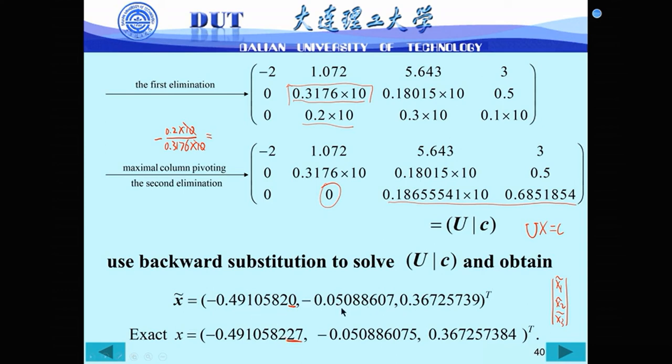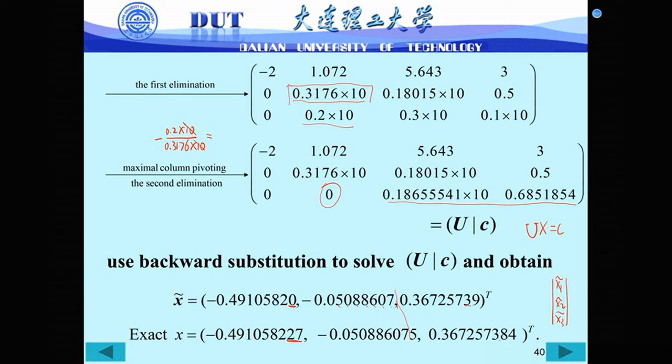Okay, check this one. 0.0508867. Oh, very good, right? You see 7 to here, right? 1, 2, 3, 4, 5, 6, 7. Also 7 digits, right? Compare with the exact solution. Okay, last one. 3, 6, 7, 2, 5, 7, 3.